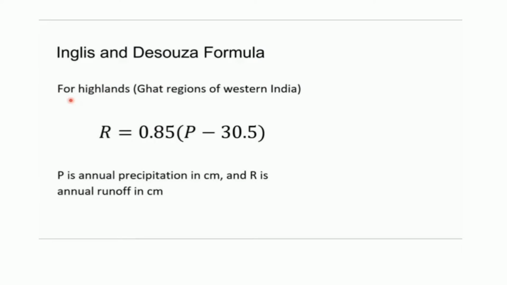The formula for the highland Ghat region of Western India: R equals 0.5 P minus 30.5, where P is annual precipitation in centimeters and R is annual runoff in centimeters.